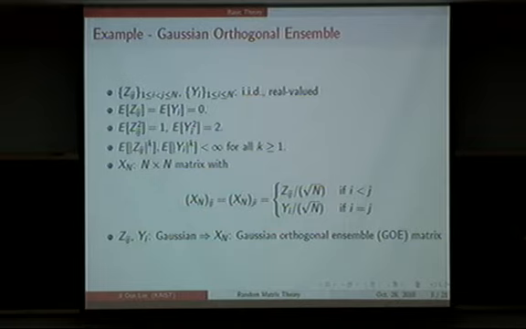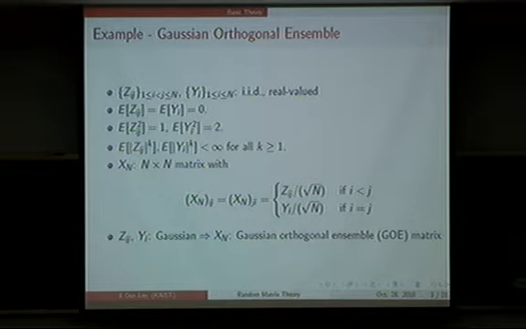So we have two different types of elements: diagonal elements and off-diagonal elements. For the diagonal elements, we use Yi, so the variance is 2. And for the off-diagonal elements, we use Zij, which has variance 1. Because of this condition, it is always symmetric.